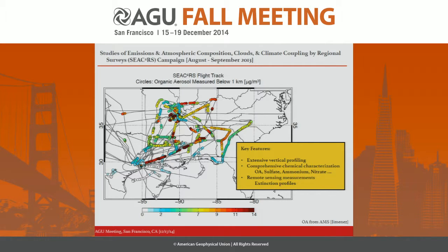We had complete aerosol characterization, so more like what you might see at the surface. And then we also had remote sensing measurements, so more like the aerosol optical depth retrieval that you might get from MODIS or MISR. So really the aircraft data is the bridging gap between the surface measurements and the satellite data that we can use to really attack these questions.